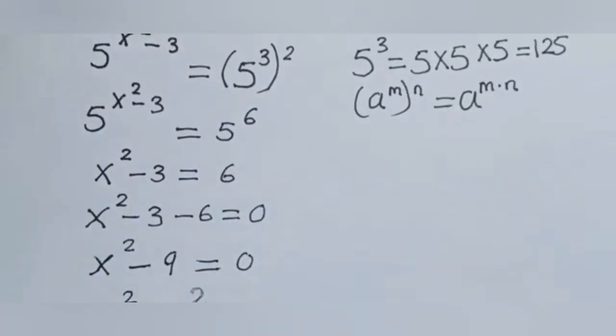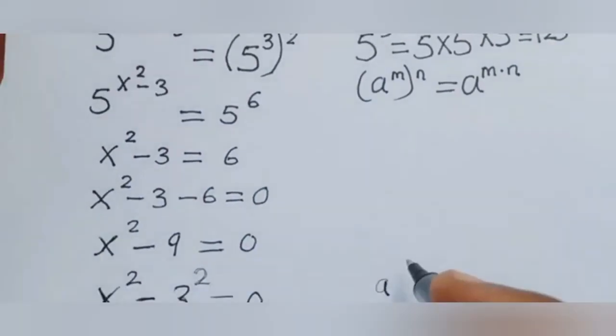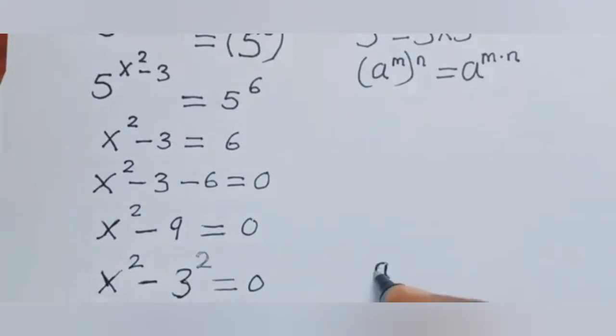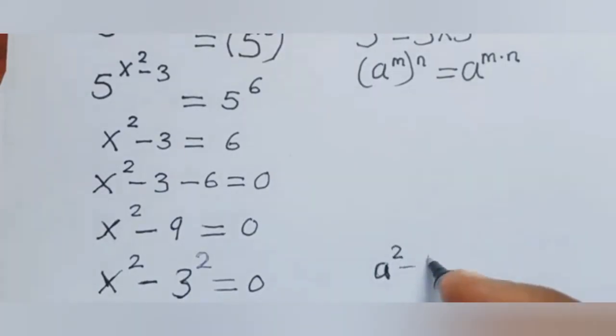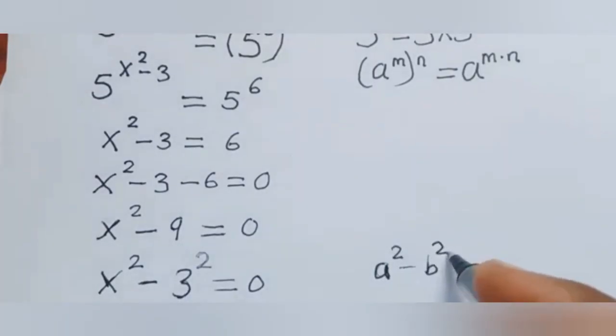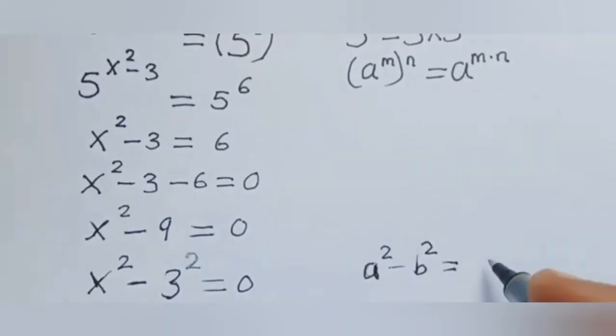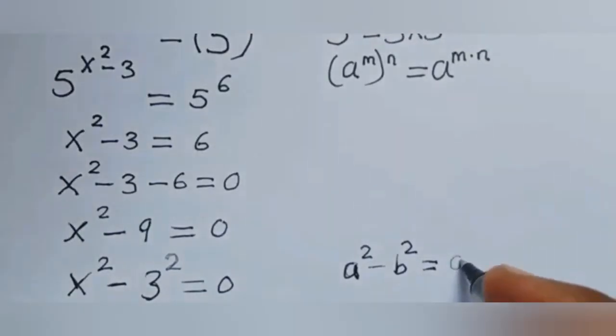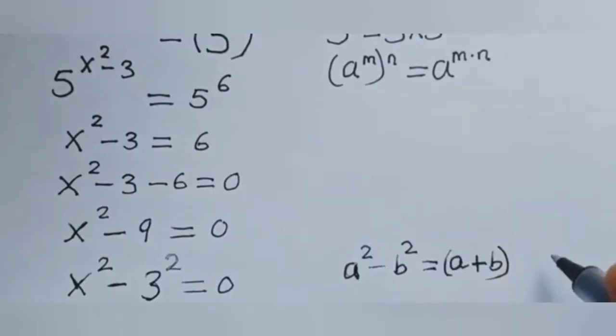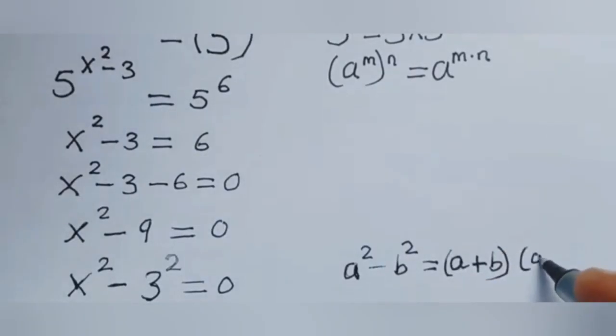We can use this identity, which is a squared minus b squared equals a plus b in the bracket times a minus b.